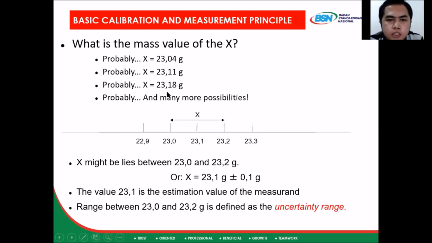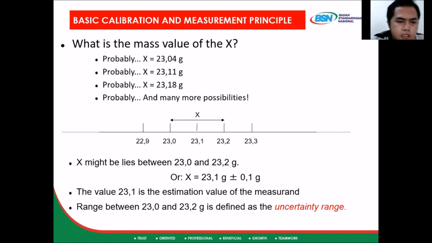So this is an example. What is the mass value of the eggs? From the figure, the mass value of x could be 23.04 or 23.11 or 23.18.